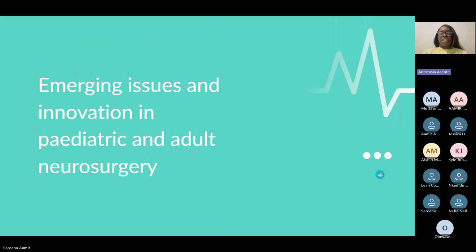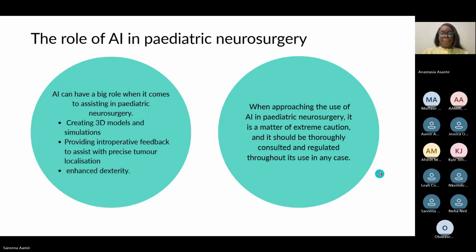So now we're going to move on to emerging issues and innovation in pediatric and adult neurosurgery. So, the role of AI in pediatric neurosurgery. AI can have a big role when it comes to assisting in pediatric neurosurgery, such as creating 3D models and simulations, and providing intraoperative feedback to assist with precise tumor localization and enhanced dexterity. Essentially, these three ways in which we can use AI are really important because they allow precision and make these surgeries less invasive.